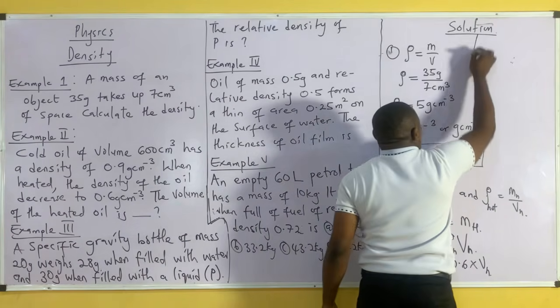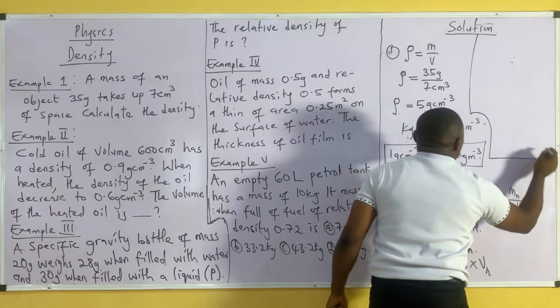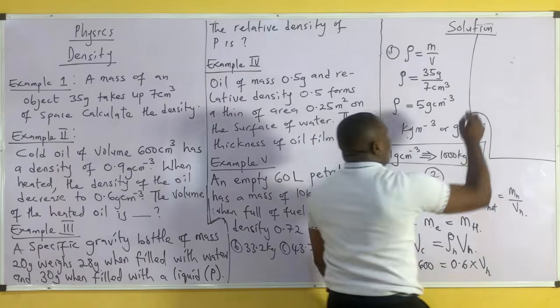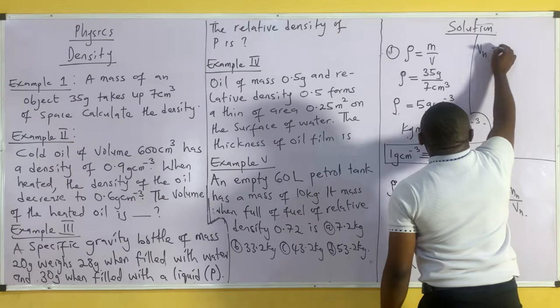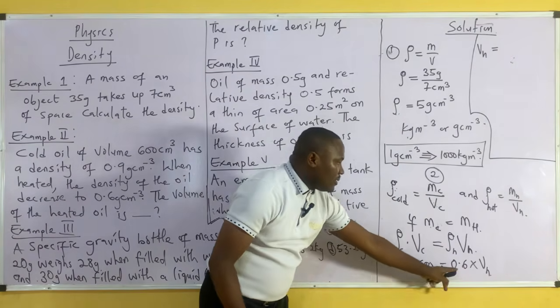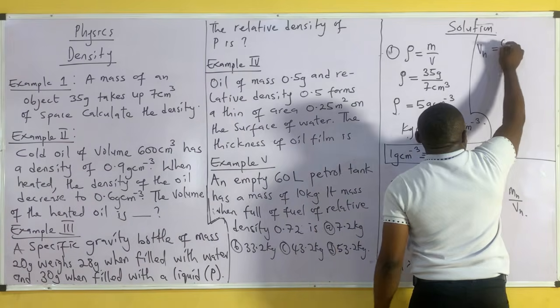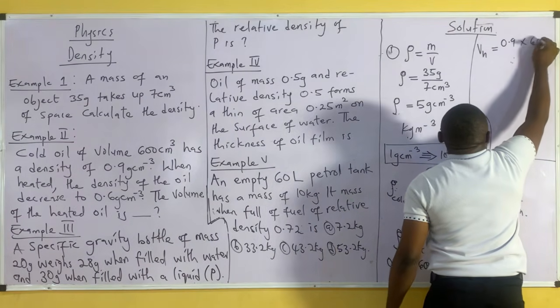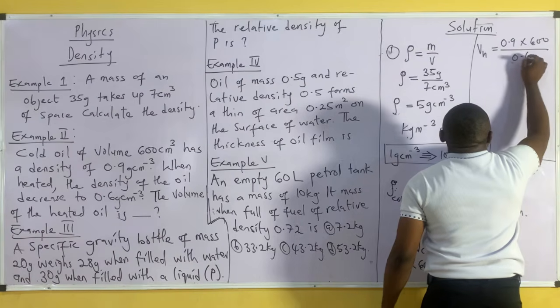So to solve this question in full, the volume of the hot oil is equal to 0.9 times 600 divided by 0.6. So it becomes 0.9 times 600 over 0.6.